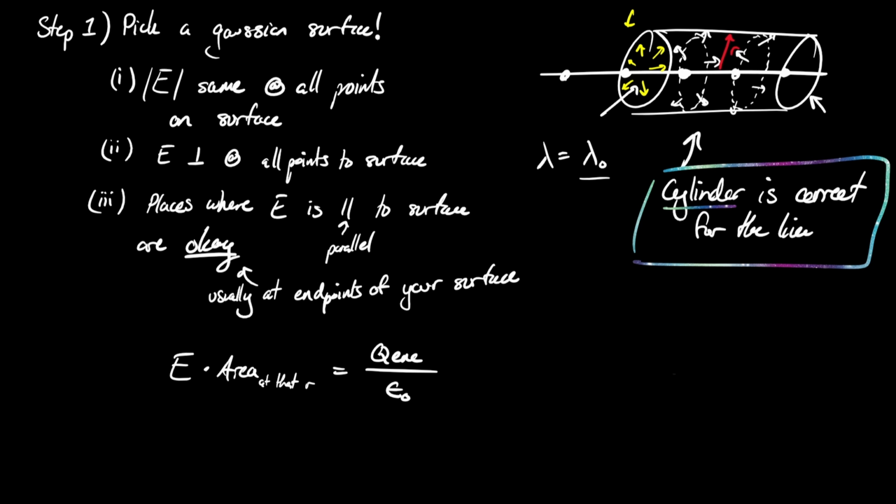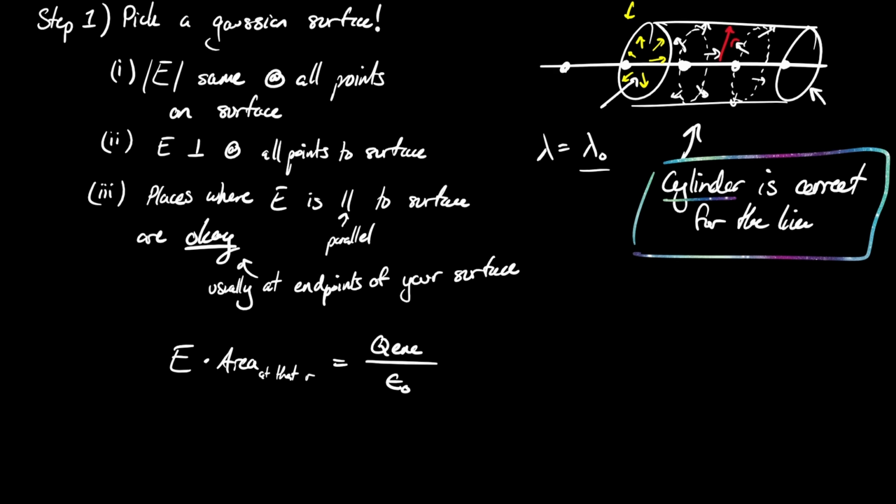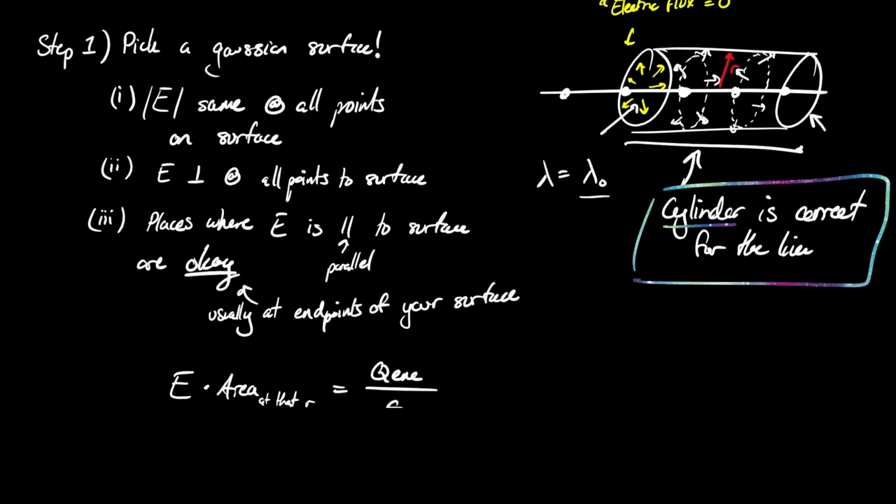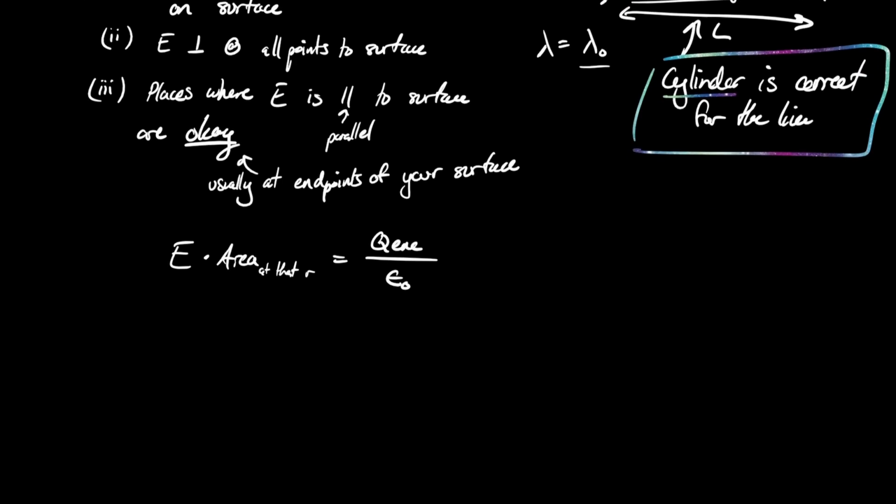Now, the area of a cylinder, we know it's 2 pi r times the length of the cylinder, but we haven't given the cylinder a length yet, so we're going to have to artificially input a length here. We'll call it L.